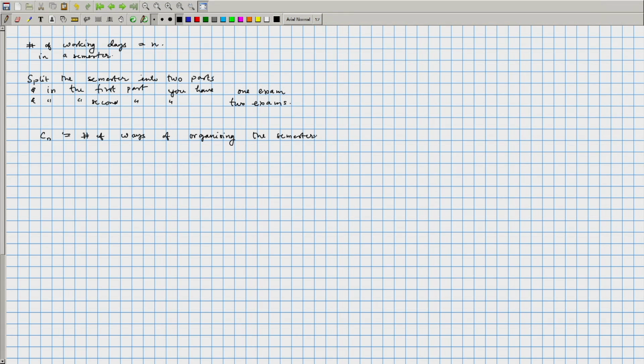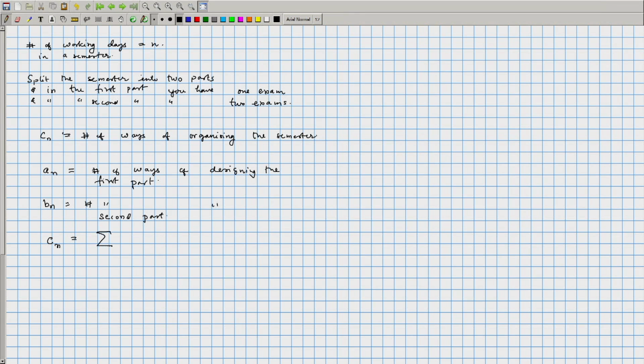Now, if we denote An as the number of ways of designing the first part, and Bn as the number of ways of designing the second part, then by looking at the problem we can say that Cn is going to be: first you have to split the semester into two parts, and for each part you can design the examination days in whatever way you please, and then you will get the total number.